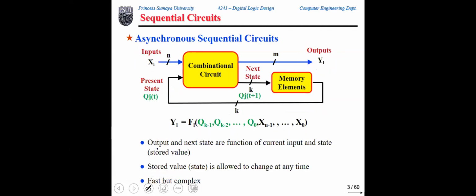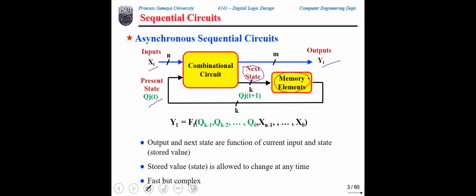The combinational part of the sequential circuit takes the input X and the present state, which is the current stored value, to calculate the new output, which is the new count value. And at the same time, it calculates the new state, or the next state. I like to call it the value to be stored in this memory.